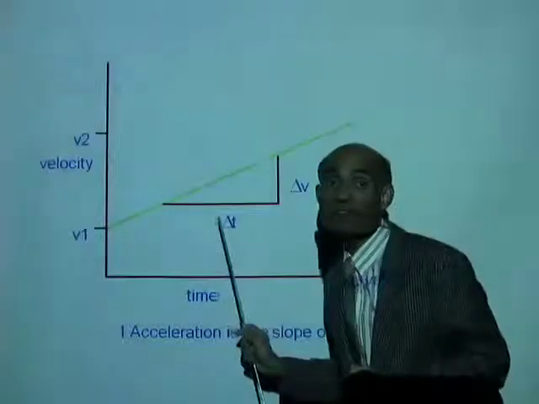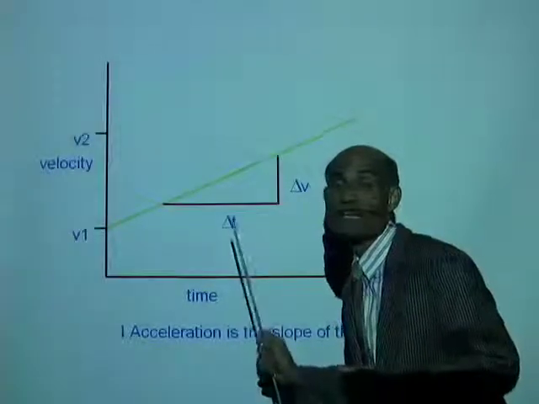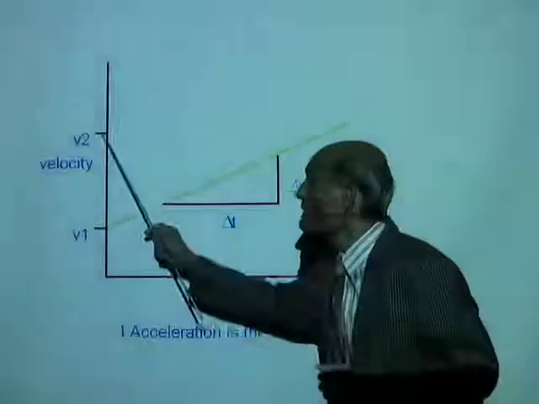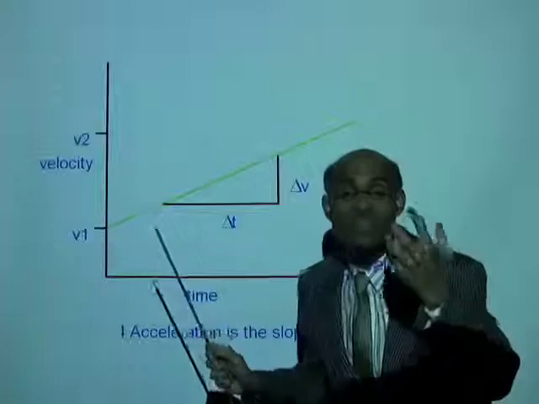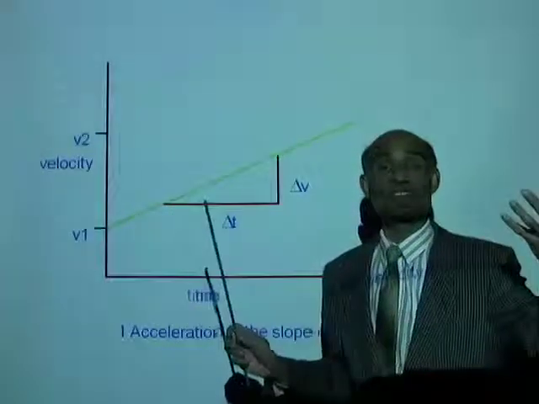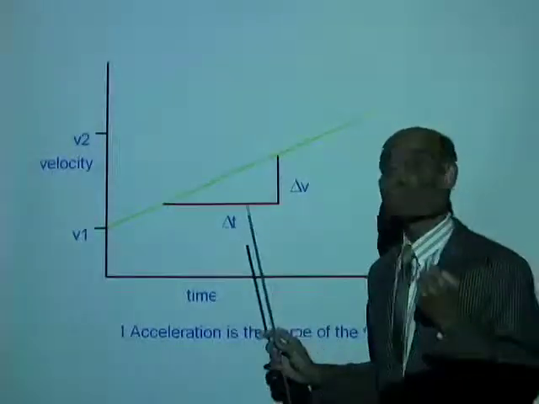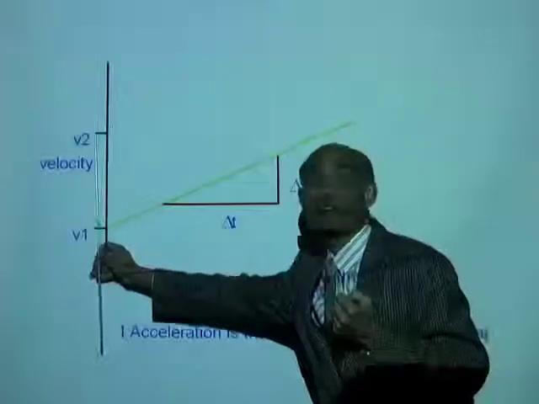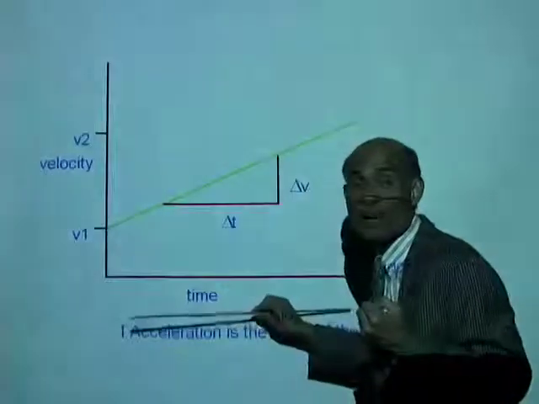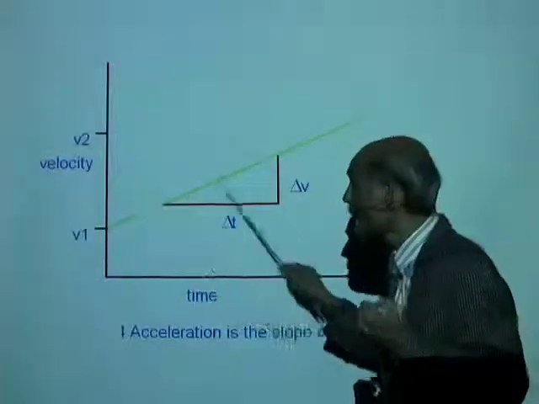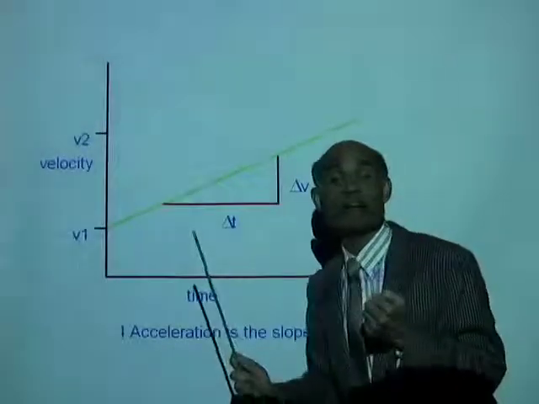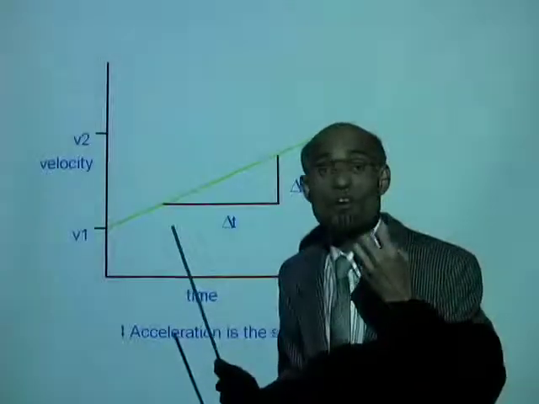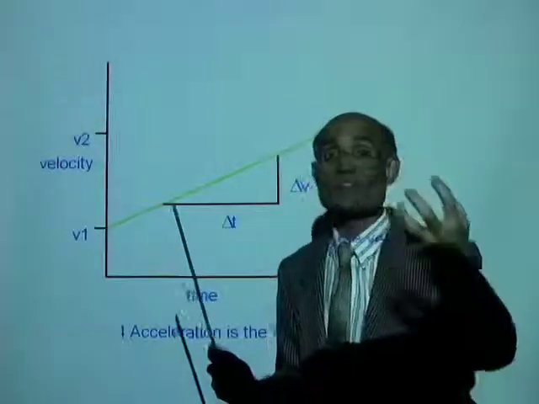And if that happens in a time t, then v2 minus v1 over the time is the definition of acceleration. In other words, if you draw a graph of velocity against time, and if that graph is a straight line, then the slope of that graph is a measure of the uniform acceleration.